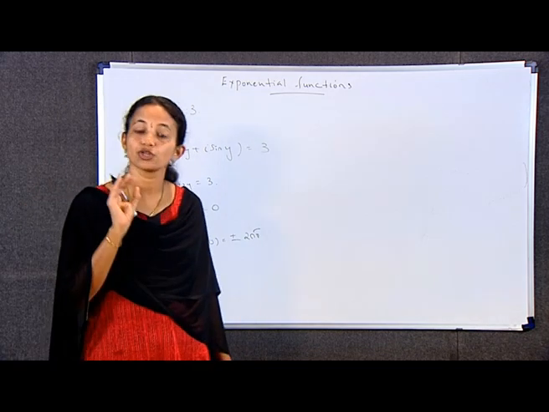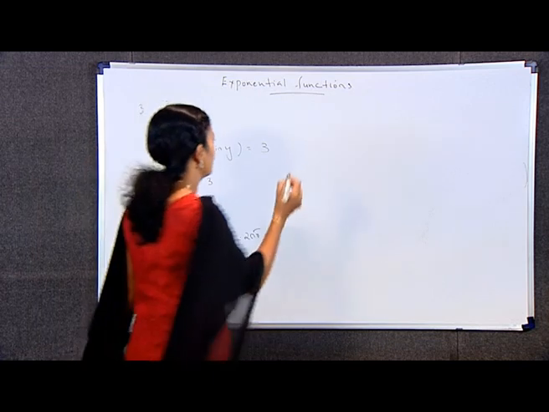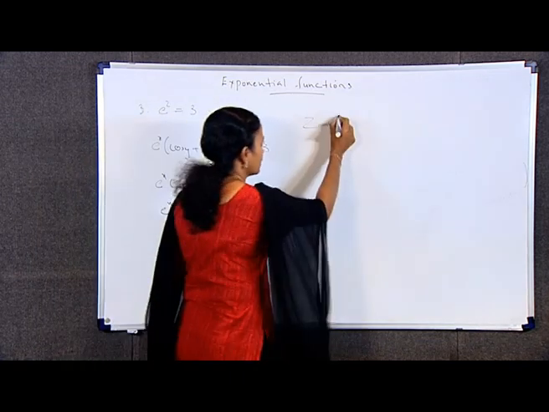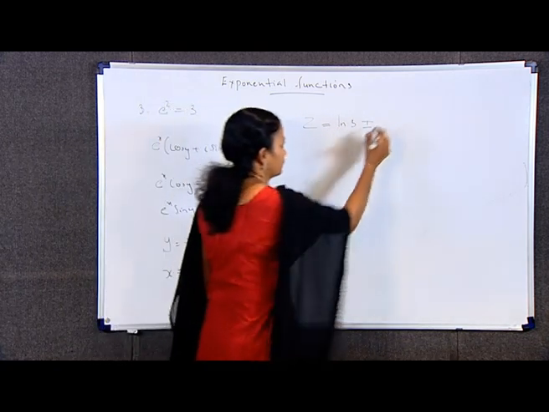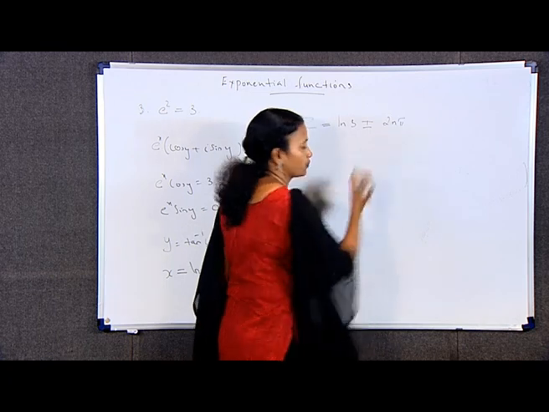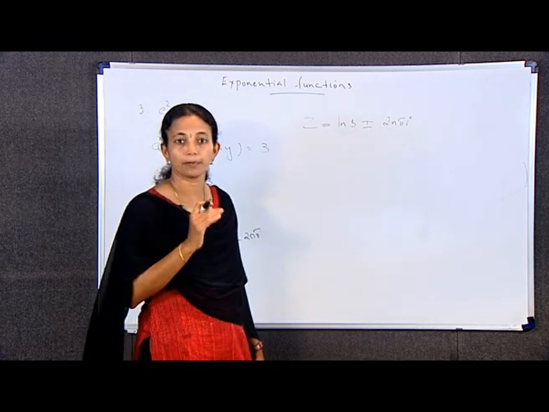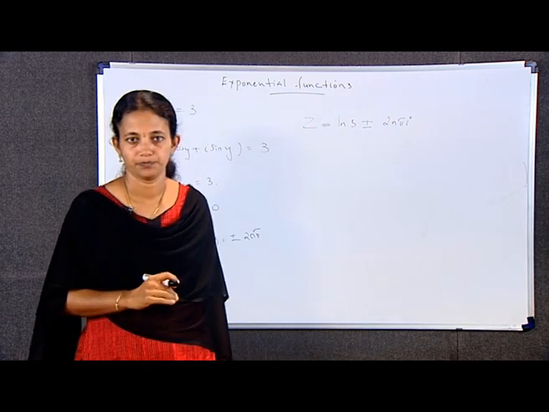Hence, the solutions of e raised to z is equal to 3 are obtained as z is equal to ln 3 plus or minus 2n pi i, where this n varies from 0, 1, 2, 3, etc.